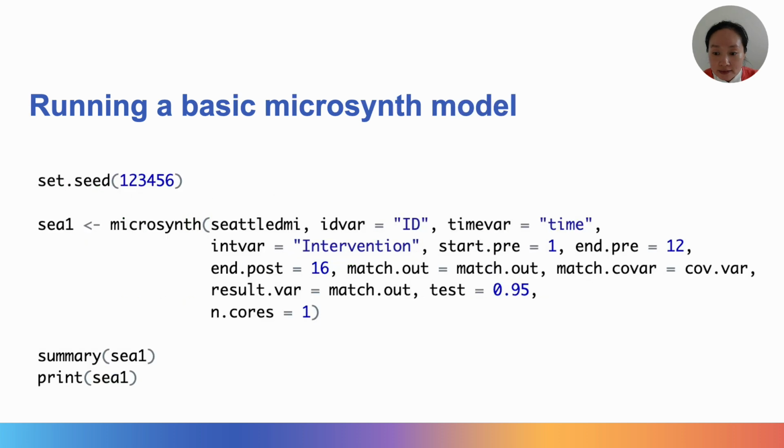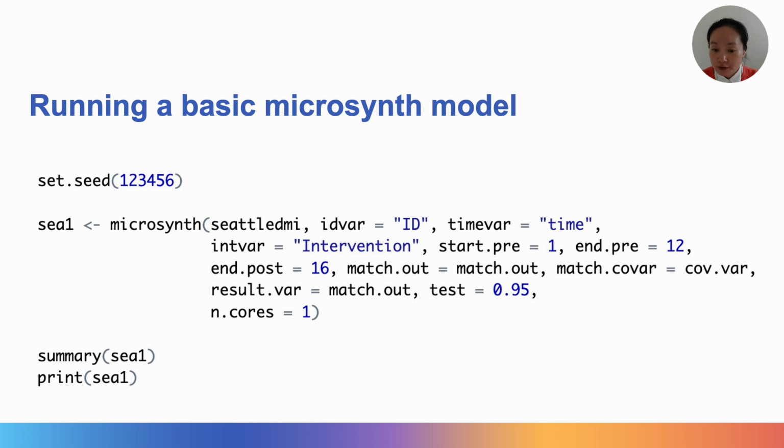To run a basic model, first we need to set up the random seed so we can retrieve and reproduce our result. We called our first basic model sc1. First we just spell out microsynth, that's the function.